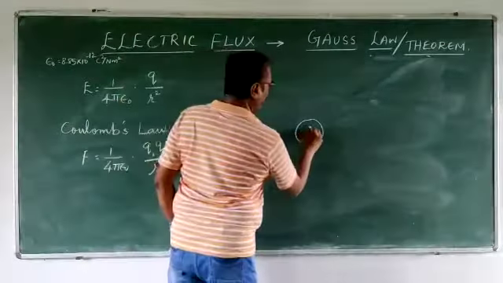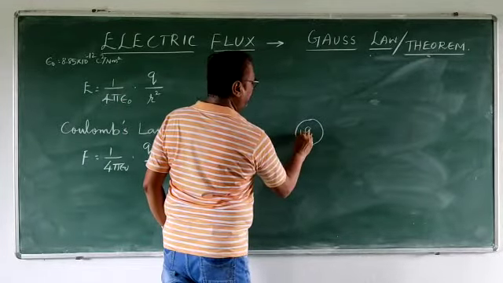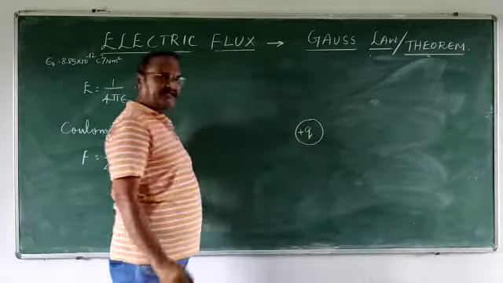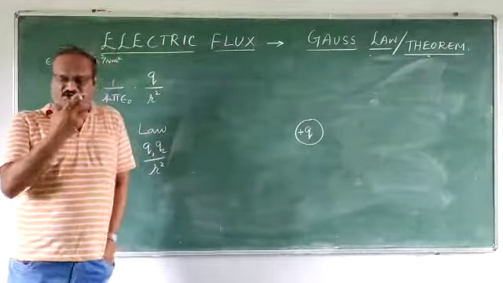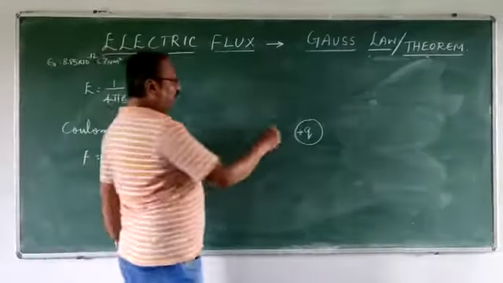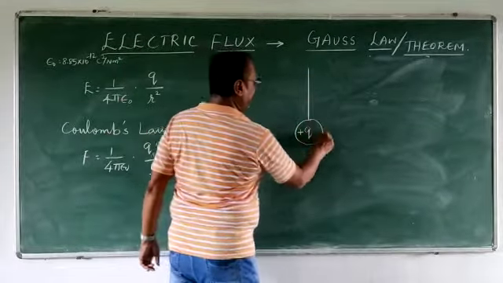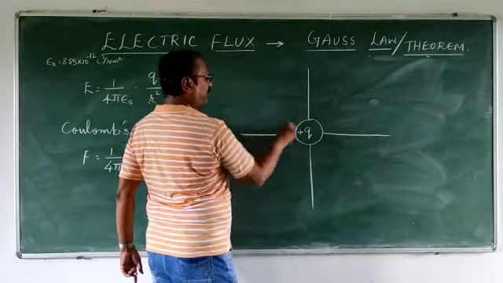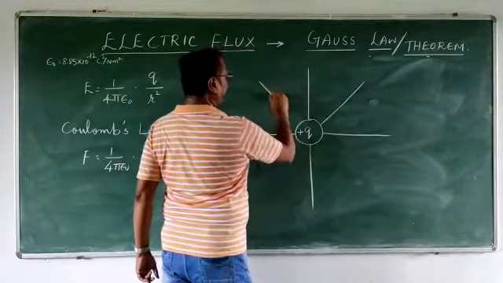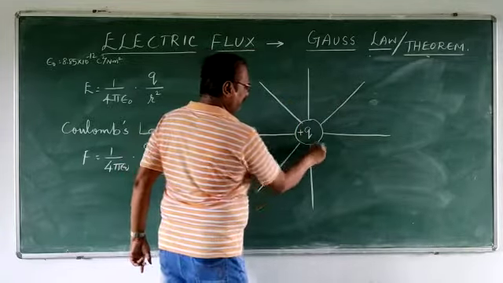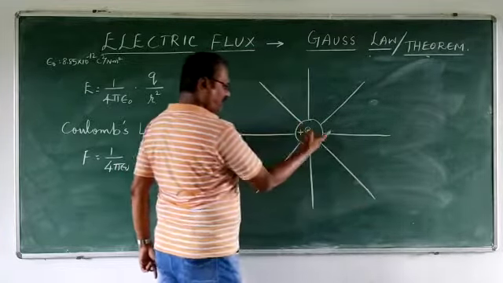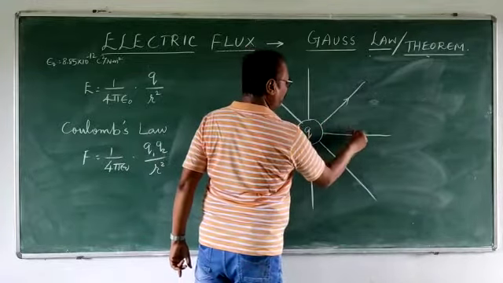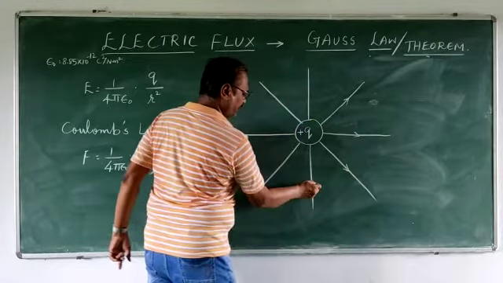Let us say the charge is Q. Let it be a positive charge. Now you know that electric field direction is in all the directions. Let me draw electric field lines. And it being a positive charge, we draw the lines of force in outward direction.